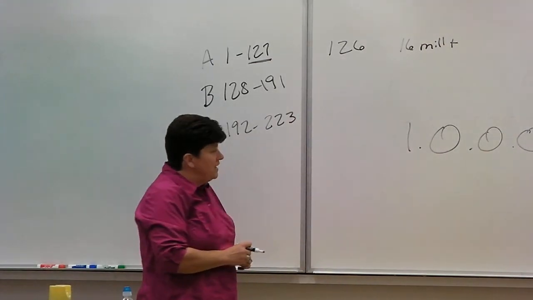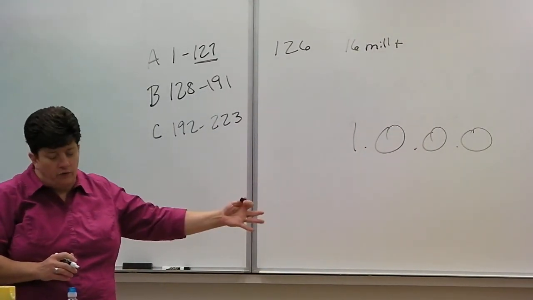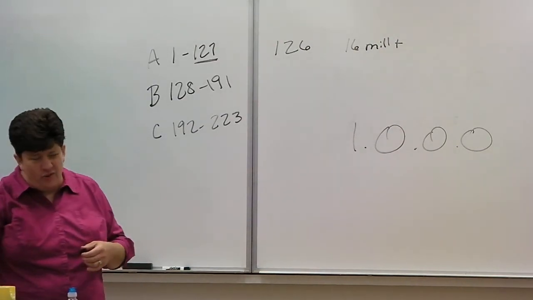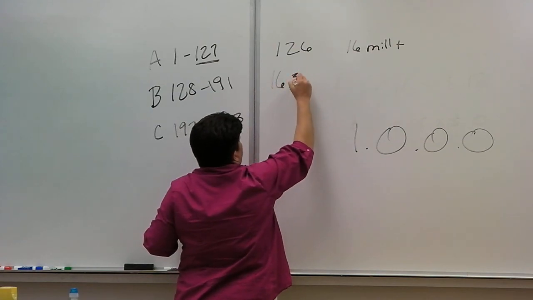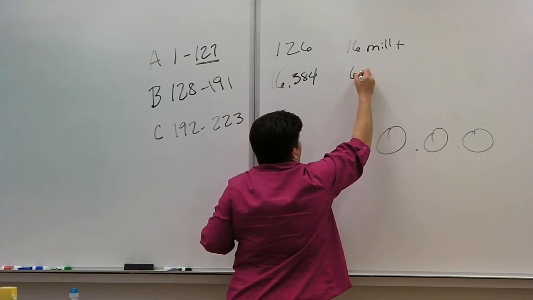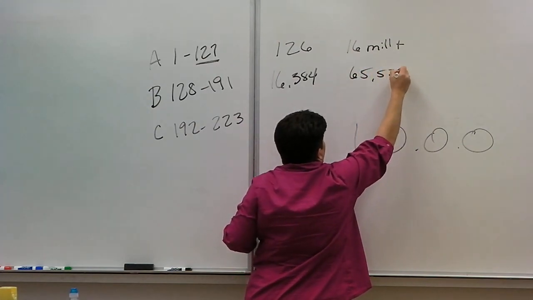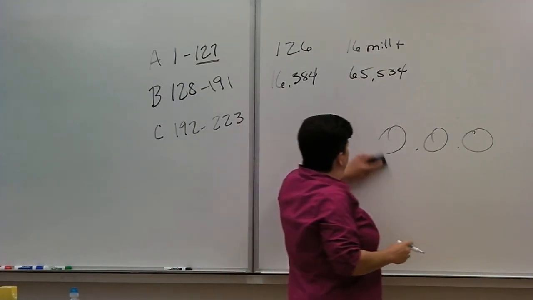For class B, between 128 and 191, there are 16,384 possible networks. Each network has 65,534 different combinations.